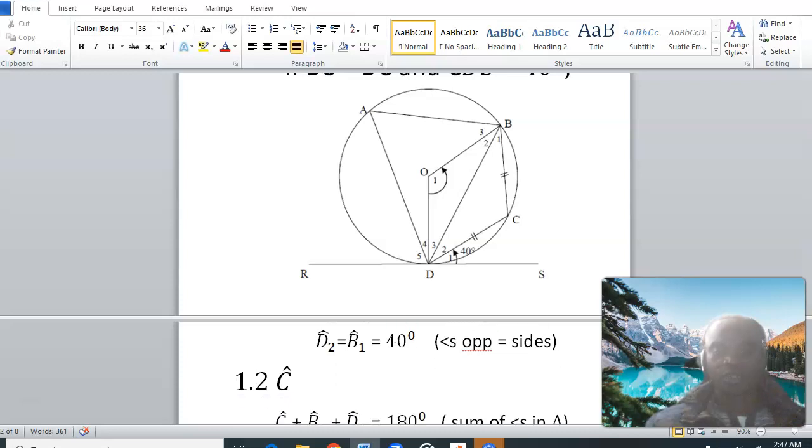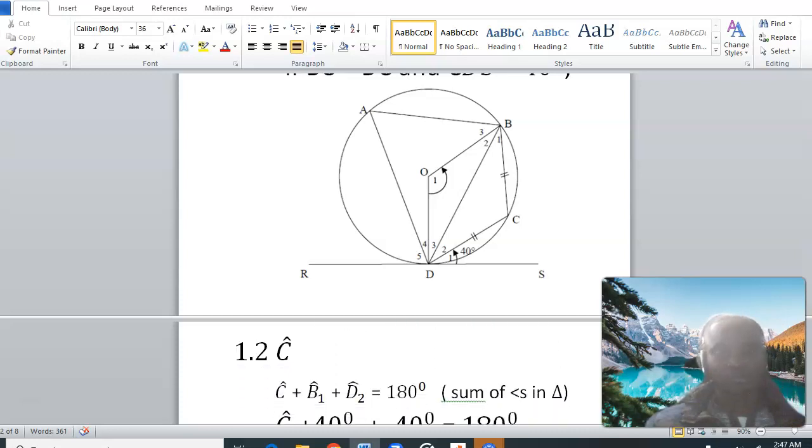Let's move on to the next question, which is C. They want us to calculate angle C. How do you calculate it? C plus B1 plus D2 should be equal to 180, the sum of angles in a triangle. Remember, this is triangle DCB.